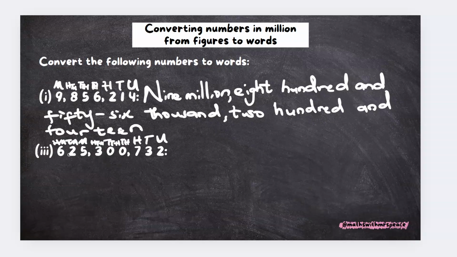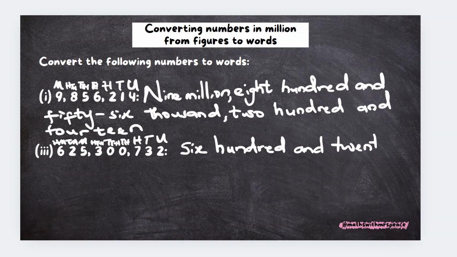We have 625 million. Let's go ahead and write that. 625 million. That's followed by 300,000.